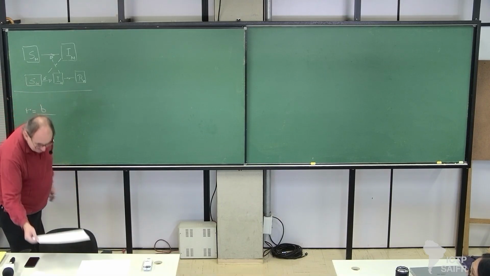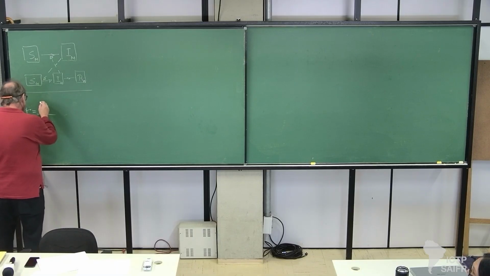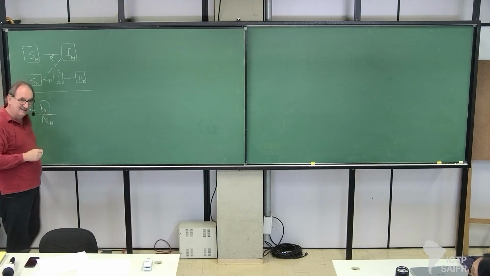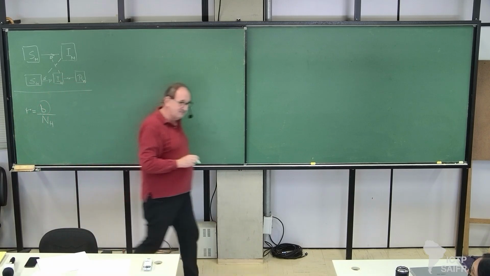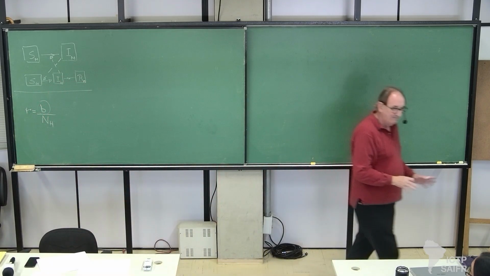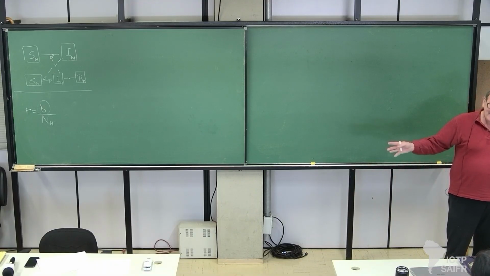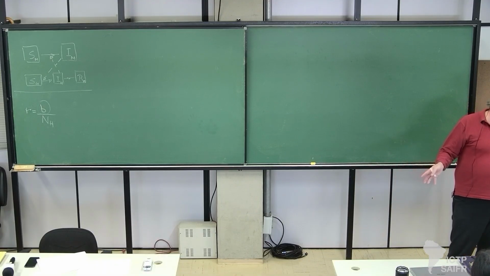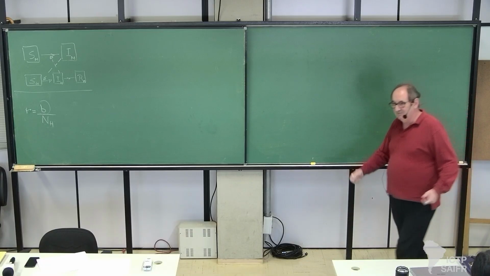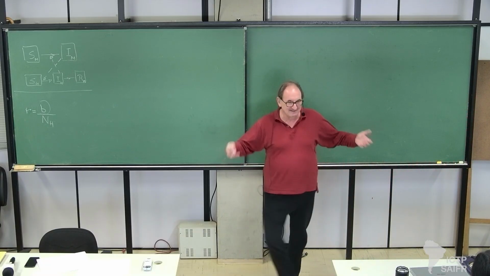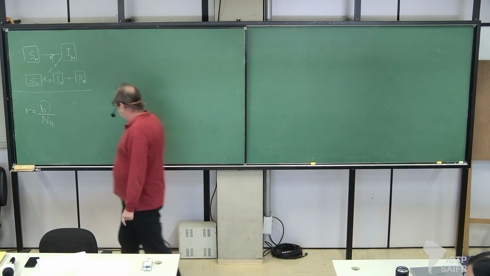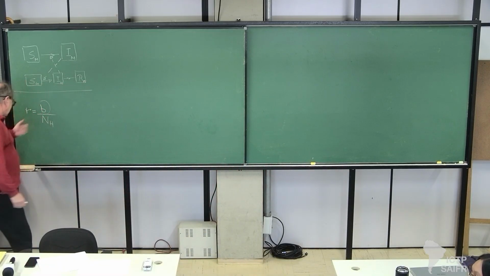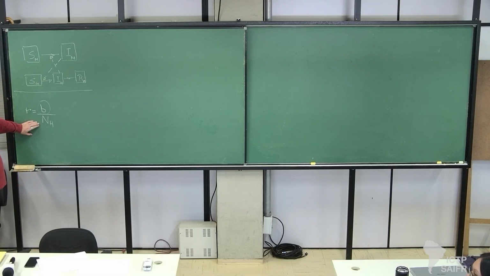What does it mean? The biting rate is the number of bites that a mosquito gives per unit time. We are considering that it is a constant. Obviously, we could have a distribution of biting rates. And this is the total population of humans.